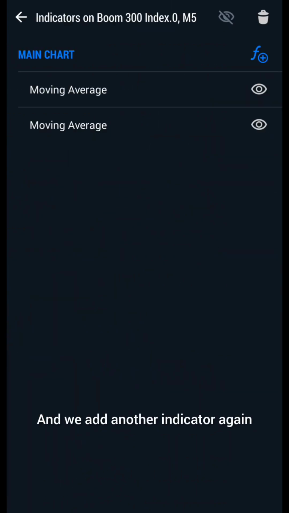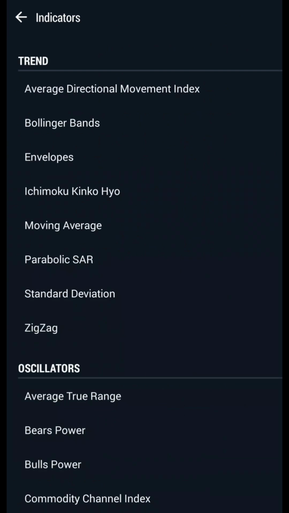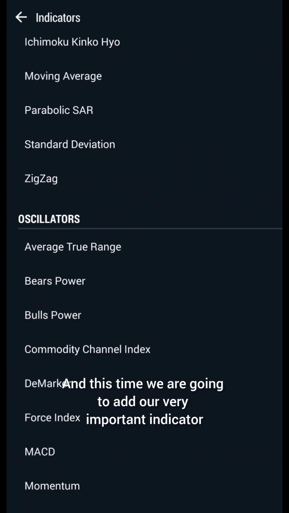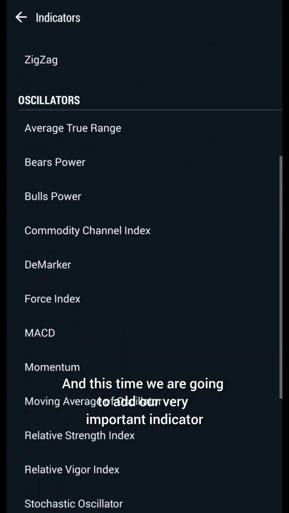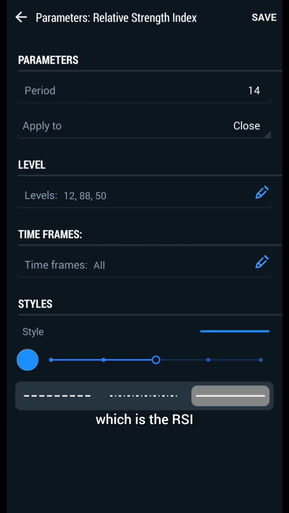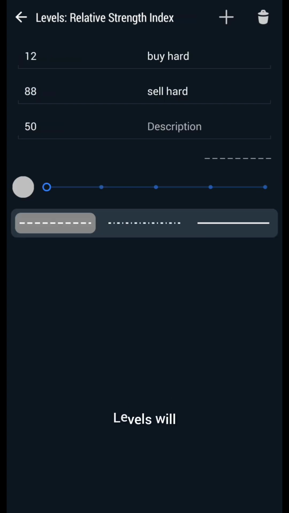And we add another indicator again, and this time we are going to add our very important indicator, which is the RSI. On our RSI, the period will remain 14, apply to will remain close, and for levels we will add level 12 with description buy hard.